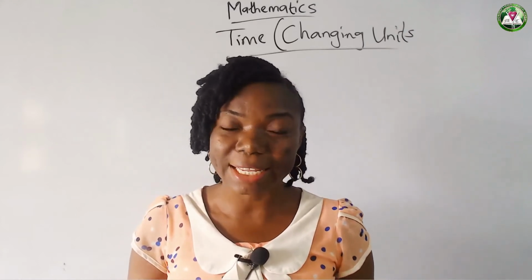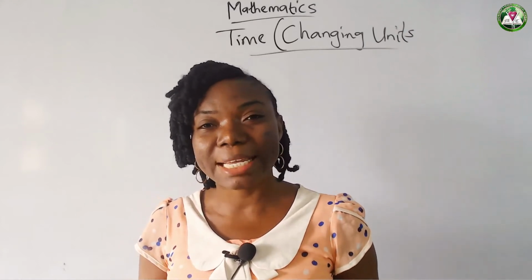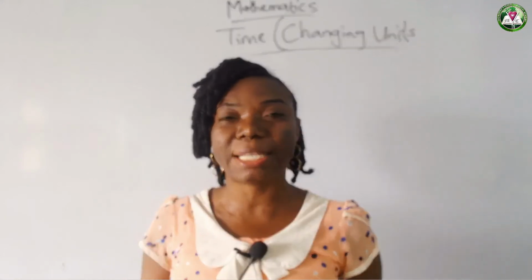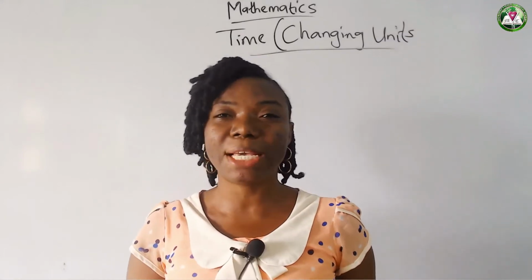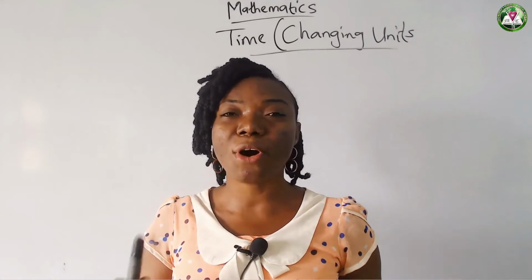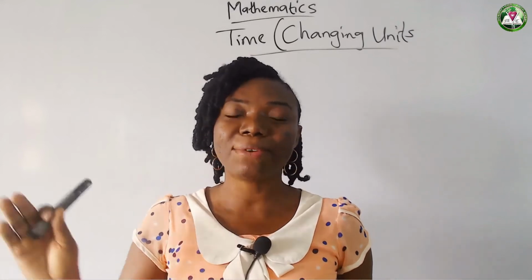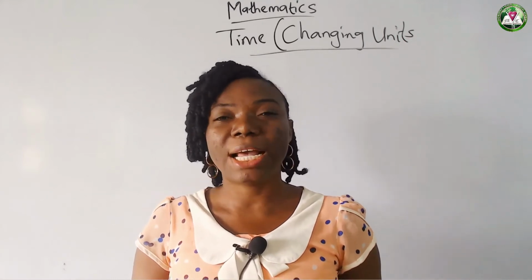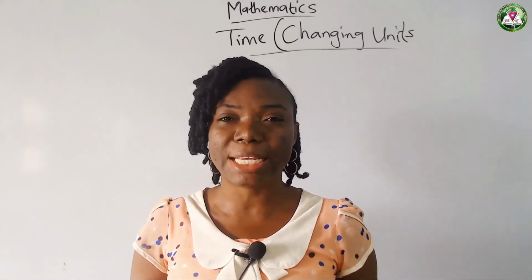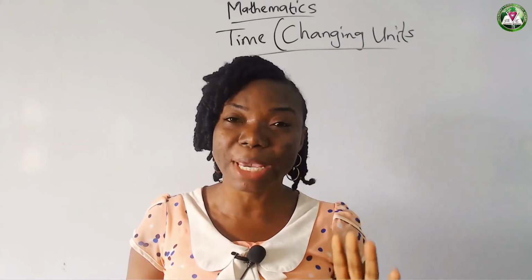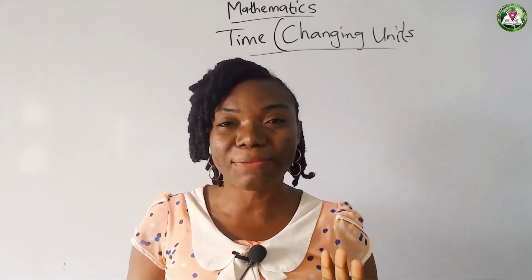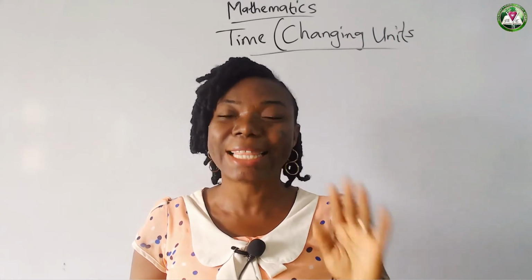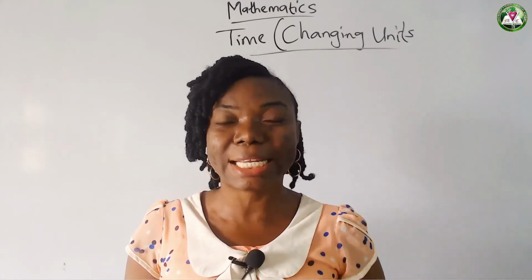Is that clear? You remember these sayings that 60 seconds makes a minute, 60 minutes makes an hour, 24 hours makes a day, 7 days makes 1 week, and 4 weeks makes a month, and 12 calendar months makes a year, and 52 weeks also makes a year. 365 days makes a year, and 366 days makes a leap year.